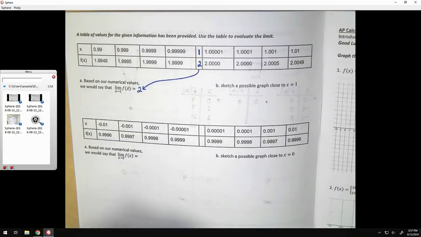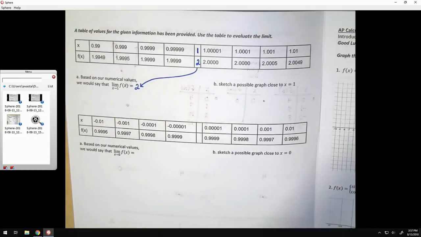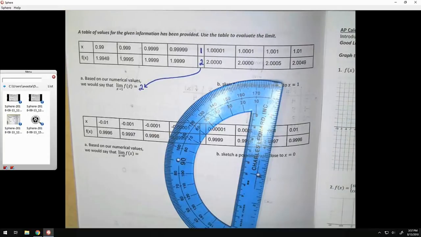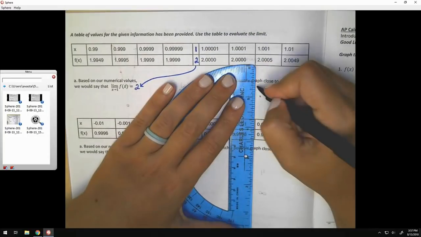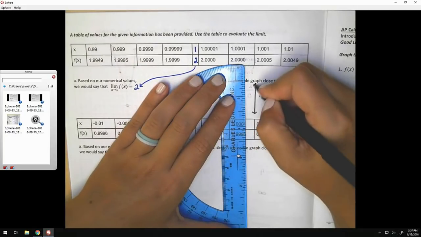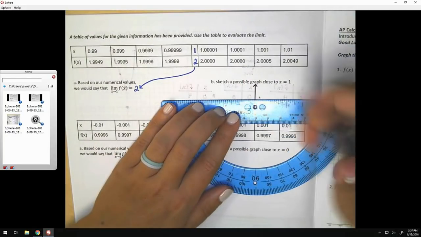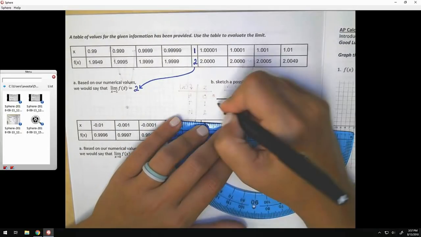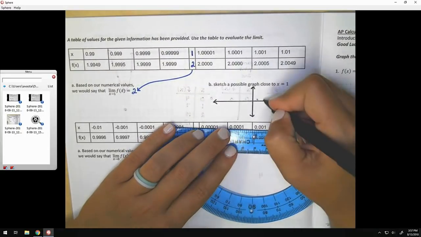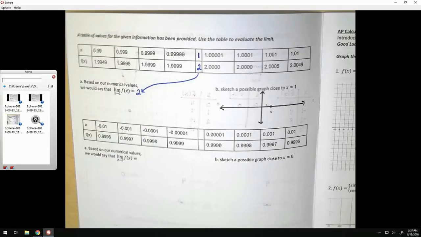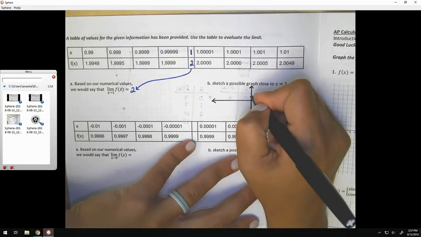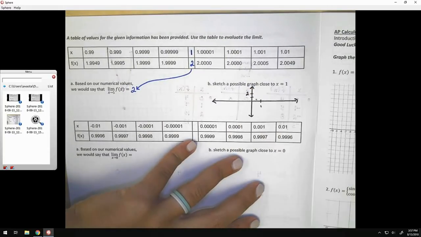Now, if I wanted to sketch a possible graph of what's happening close to that x equals 1 value, I'm going to start by just drawing a blank set of axes here. Based on this table, I care about what's happening when x is close to 1. It looks like the y values are approaching the number 2.